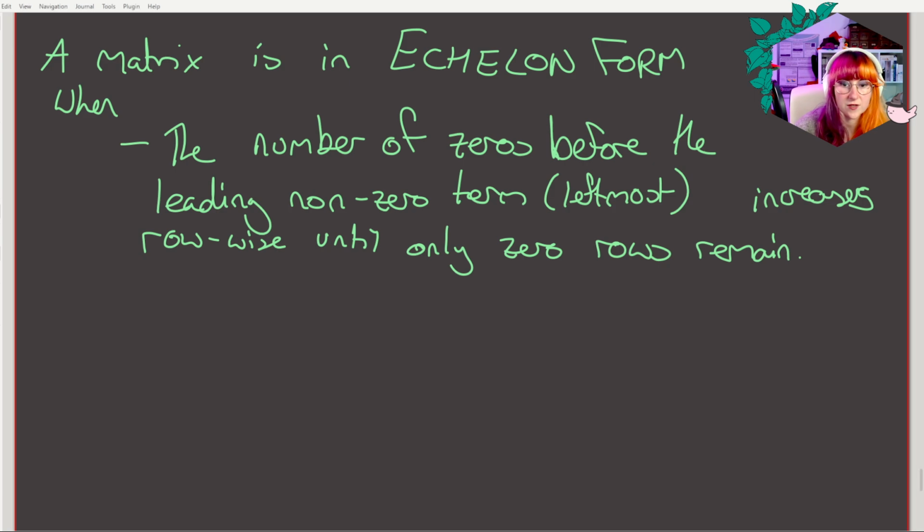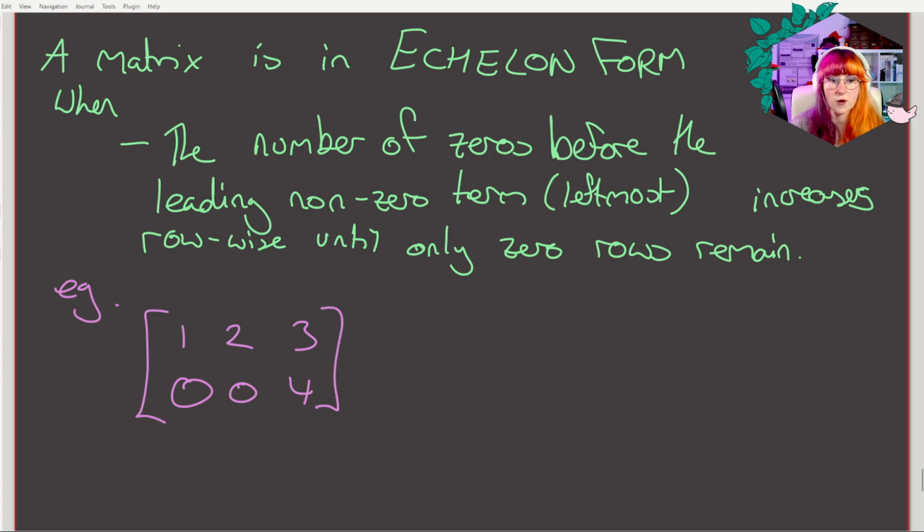So some examples of this are this, like 1, 2, 3, 0, 0, 4. That's in row echelon form, because if we go row-wise, so left to right, top to bottom, the leading non-zero here is this 1, and then the leading non-zero here is 4.